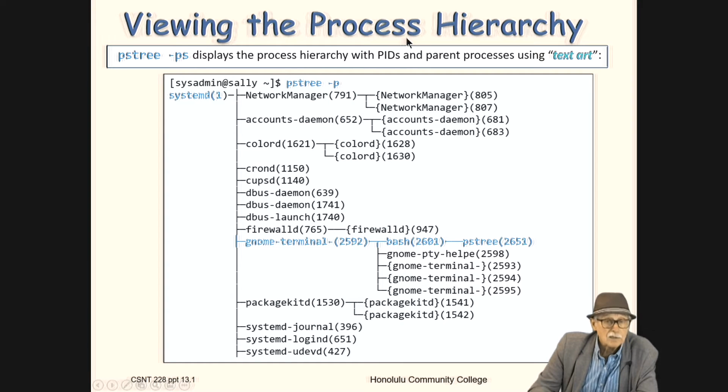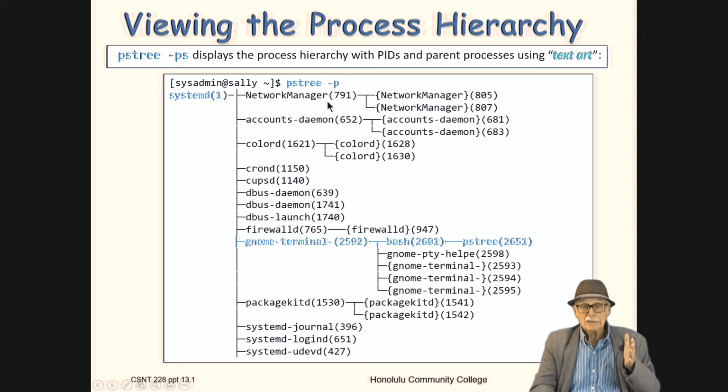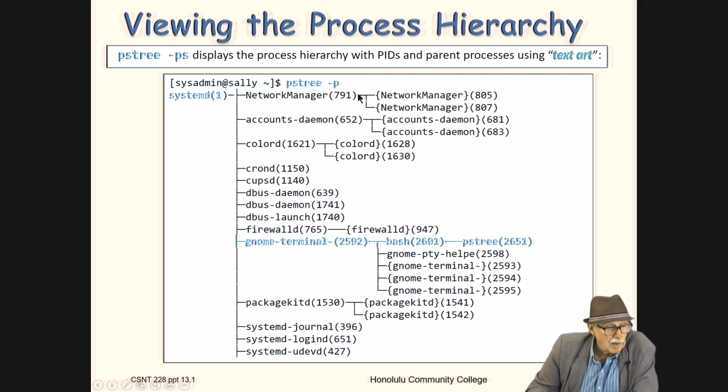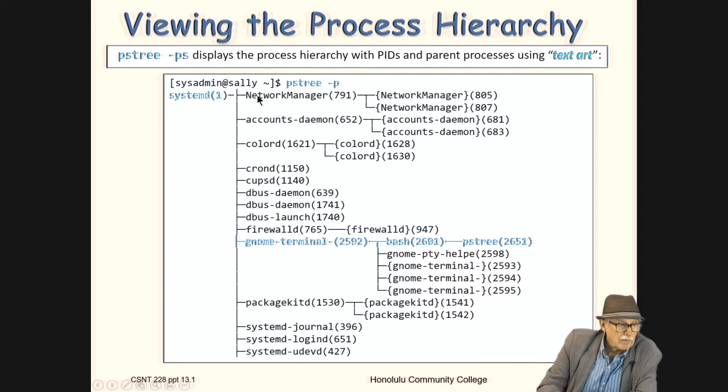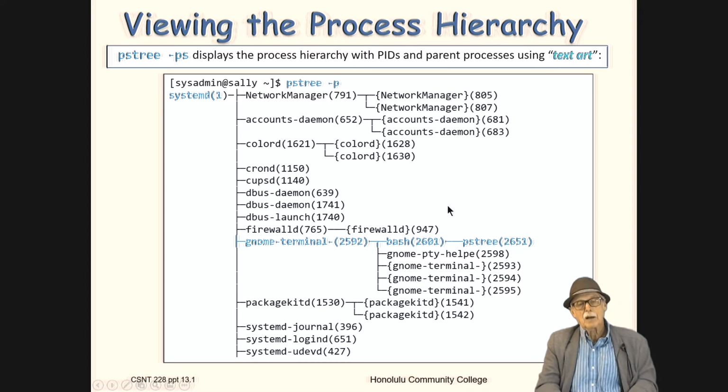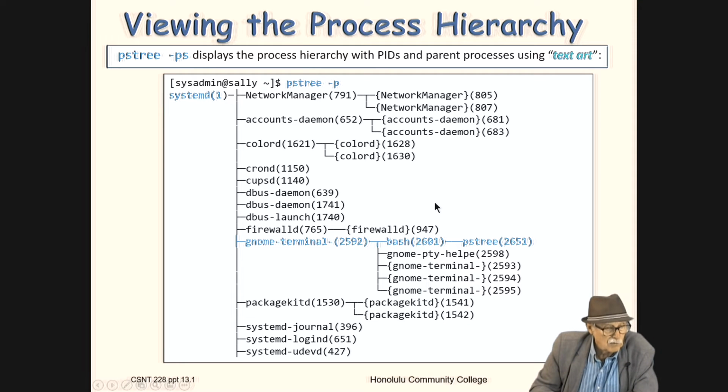Viewing the processes, and we can view that same concept that we saw using just ps -fe. They use a pstree -p, and they can have what they call text art. I don't see all these exactly in order, and they don't put a lot of the initial ones in, those threads. This is just the processes, not all the threads.